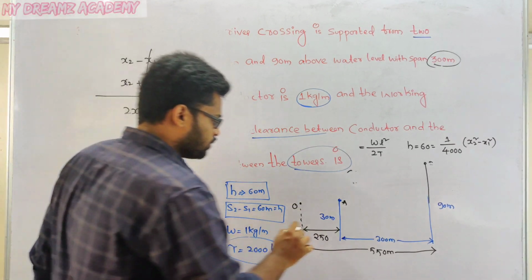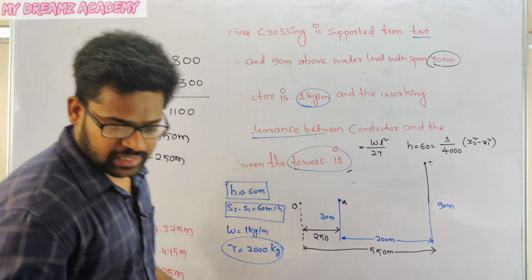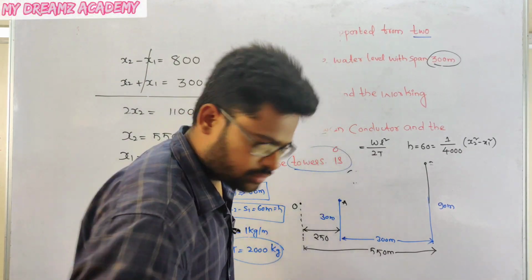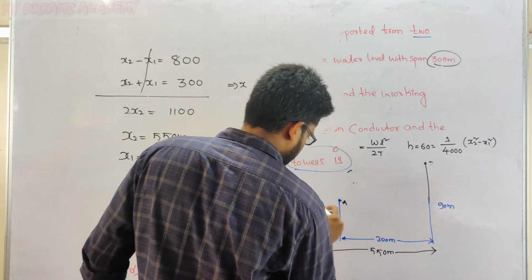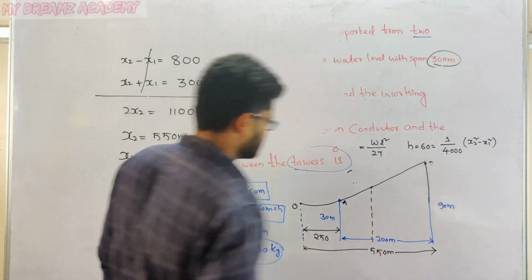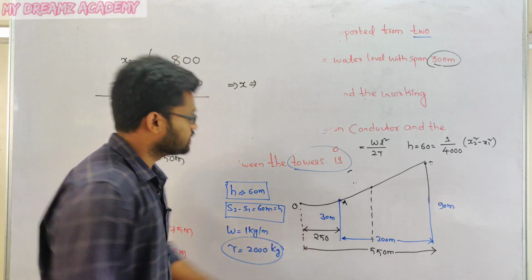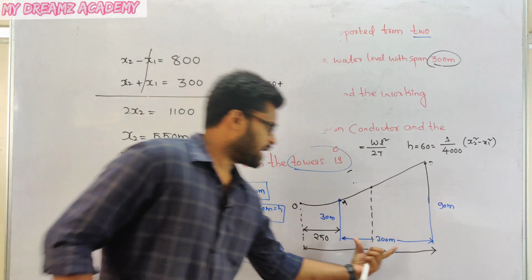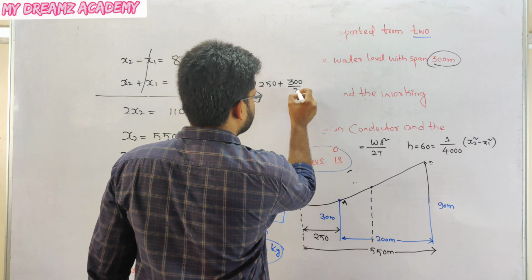Now we need to calculate the midpoint. How can I calculate the midpoint? Let us take a midpoint, this is x. That is nothing but this distance, 250, plus the span, that is 300 meters, divided by 2.